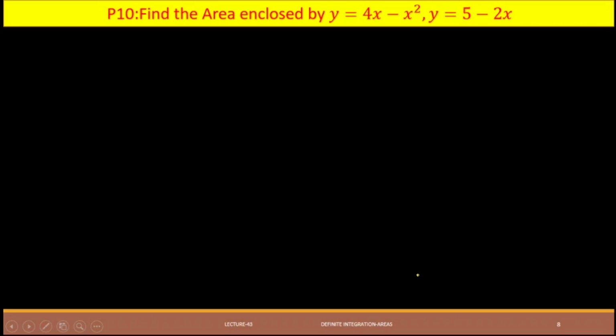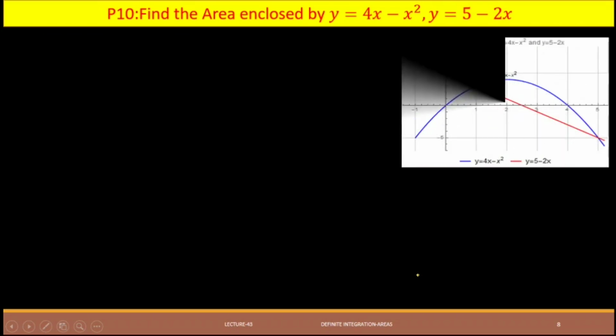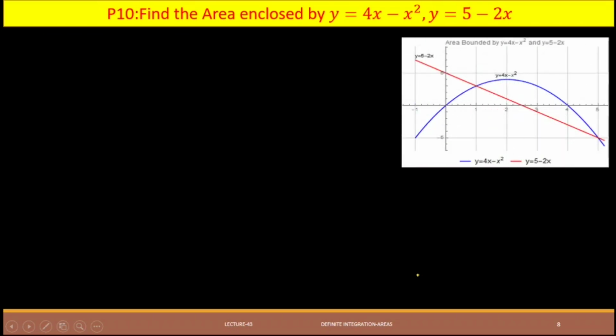So if I plot these two curves, this is how the graph looks like. The red color curve is the straight line y is equal to 5 minus 2x, and the blue colored curve is the parabola y is equal to 4x minus x square.